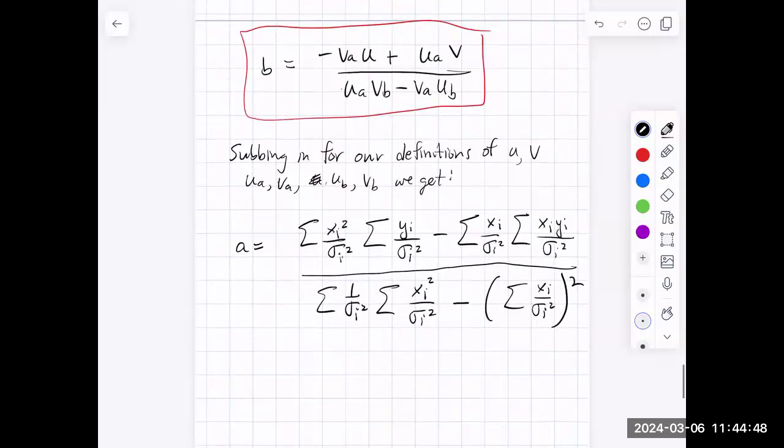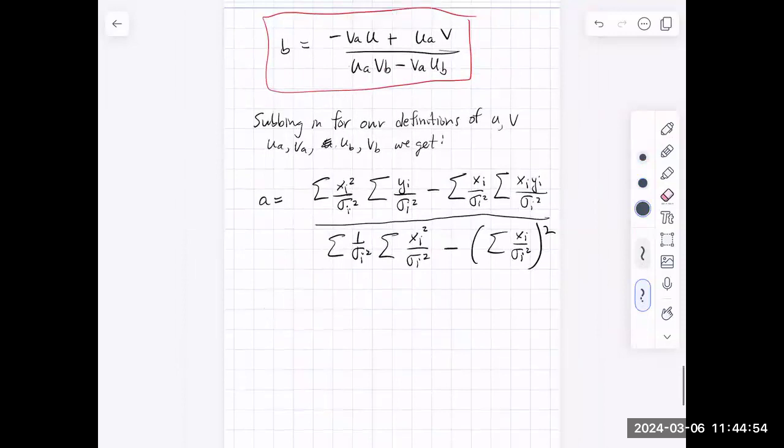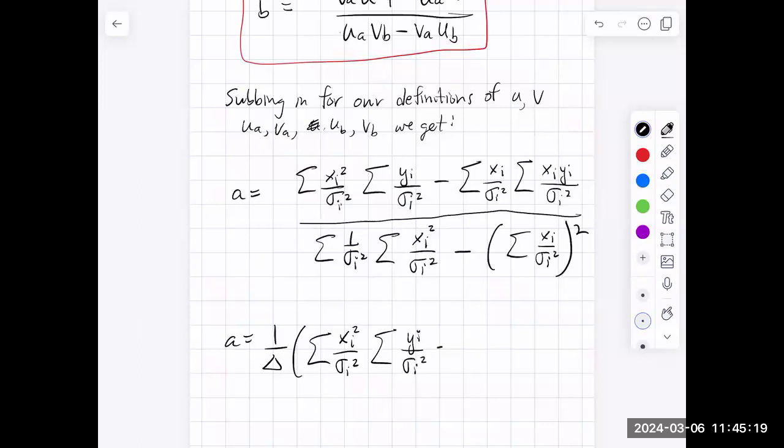This is usually written in the following way. A is equal to 1 over delta of the numerator. So delta is going to be defined to be everything in the denominator. So we get xi squared over sigma i squared, yi over sigma i squared, and then it's minus xi over sigma i squared, and then it's xi yi over sigma i squared.